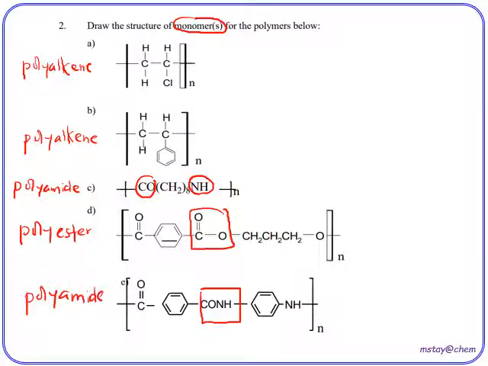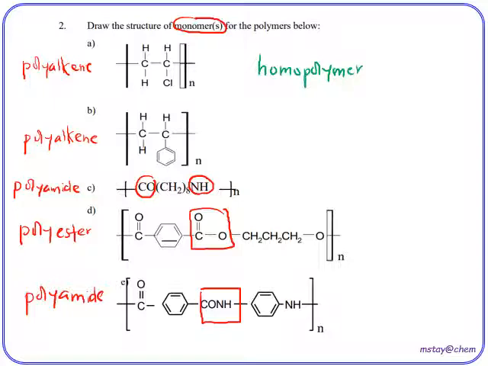For structure E, again, we see C double bond O and NH, so this is polyamide. Then we can also try to classify whether they are copolymer or homopolymer. For structure A, because it is quite simple and only consists of 2 carbons, and we know that polyalkene is made up from alkene, the simplest alkene always has 2 carbons, so this one supposedly will be a homopolymer.